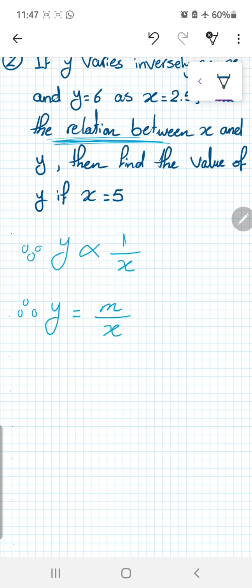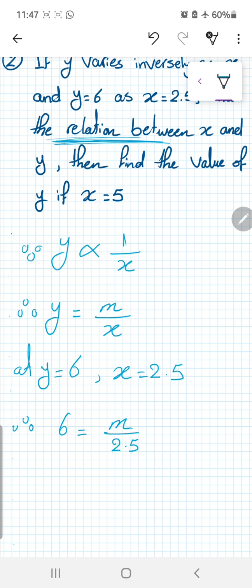Okay, given y equals 6 and x equals 2.5, by direct substitution we get 6 equals m over 2.5. Okay, cross multiplication.